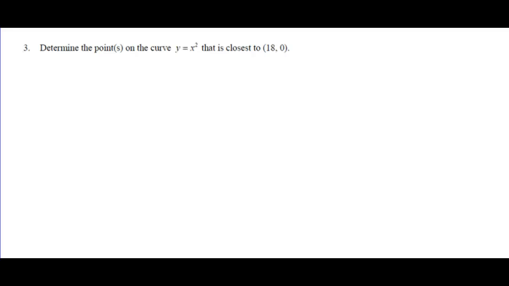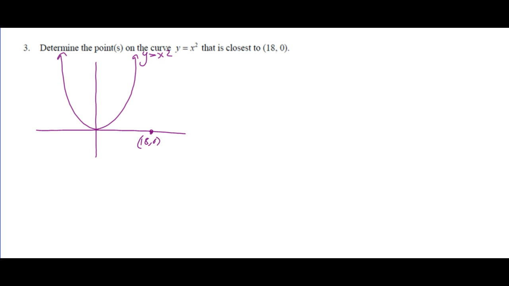Determine the point on the curve y equals x squared that is closest to 18, 0. All right, let's draw a picture. What are we dealing with here? So we've got y equals x squared. And we've got the point 18, 0. Right? So here's 0, 0. So, I mean, here it's 18 units away.